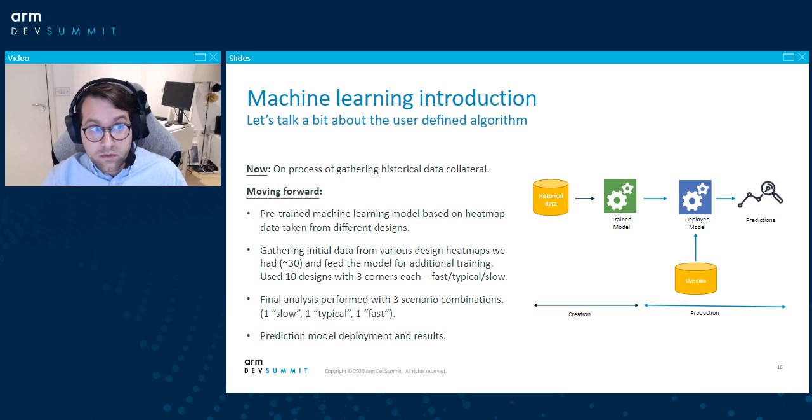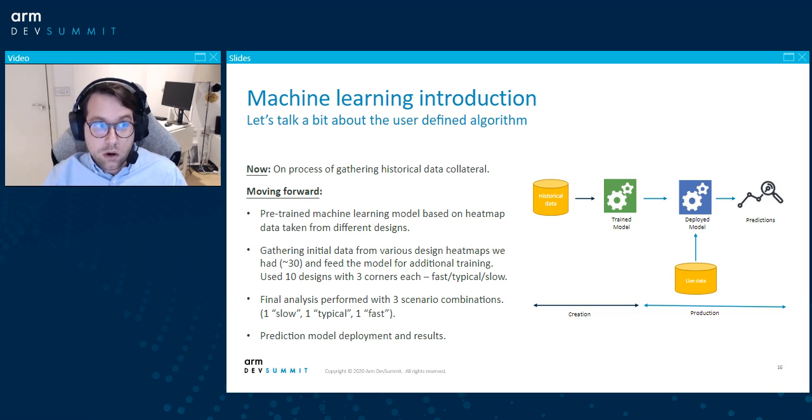The next step, the final analysis, has to be 3 scenarios of the design that we want to predict its behavior. Let's say we have a big chip as new version 1. We need to run this multiple analysis and extract the heat maps for 3 scenarios, again slow, typical, and fast.